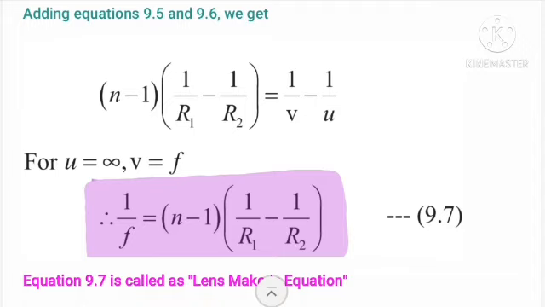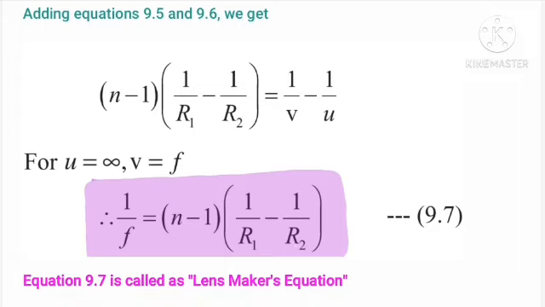Now for this equation, if we consider u equal to infinity, that means the object is kept at infinity. According to the rules of optics, when the object is at infinity, the image distance will be f, the focal length; the image will appear at the focal point of the lens.